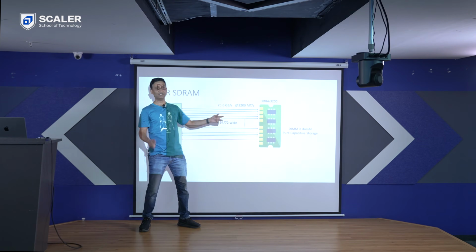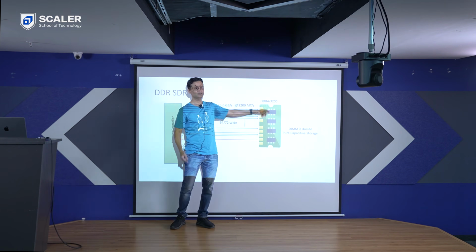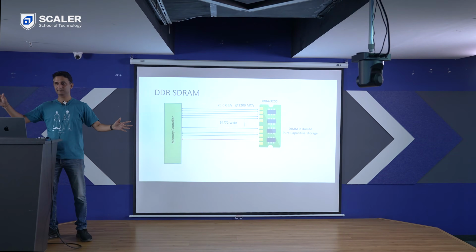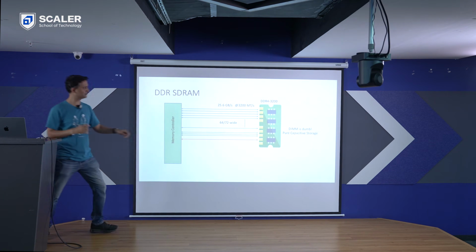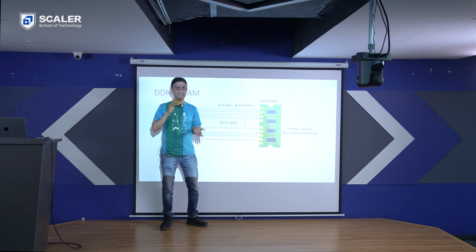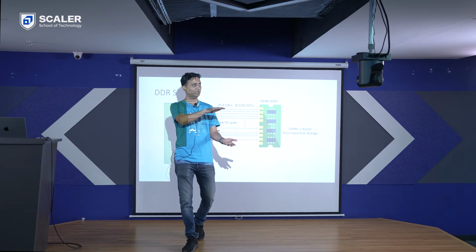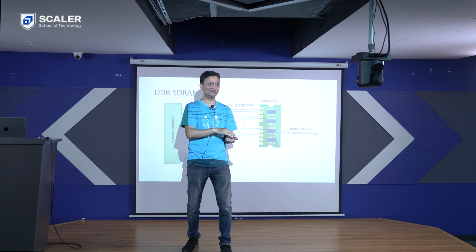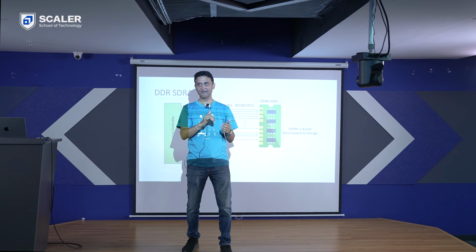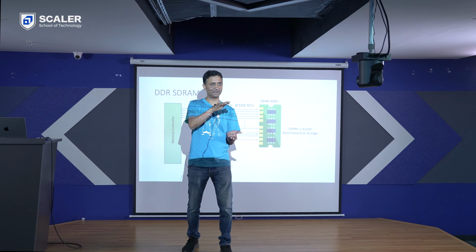So every time you see this, can you derive the bandwidth now? Right? Why am I not hearing a very clear yes? Not sure? 3200 million transfers per second are happening in parallel across 64 lines. 64 lines translates into 64 bits, which translates into 8 bytes, which means that every transfer, how many bytes am I sending? 8, right?